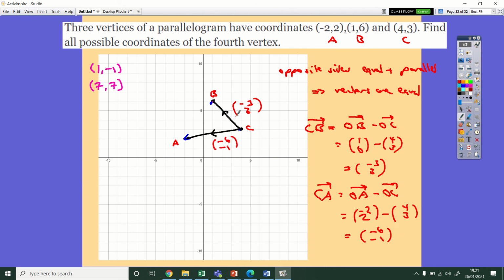So we can then either put this vector on the end of A or this vector on the end of B. It's up to you. I'm going to put (-3, 3) on the end of A. So that's going to go out this way. 1, 2, 3, 1, 2, 3.